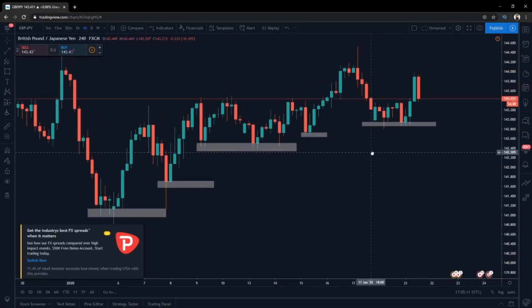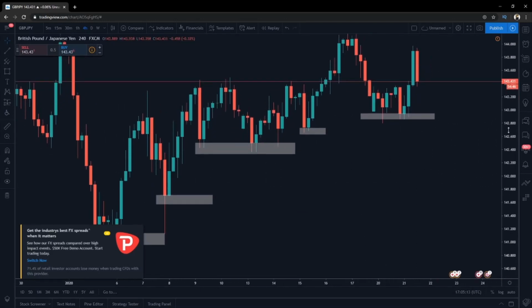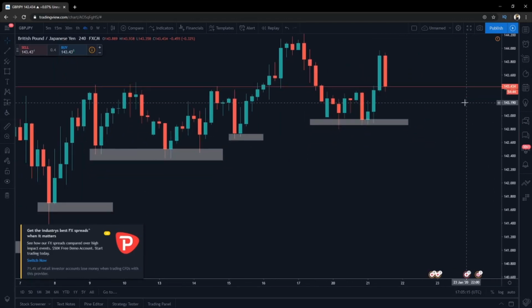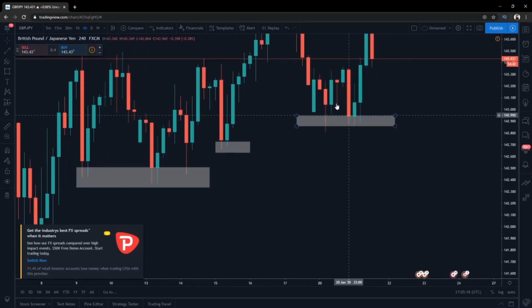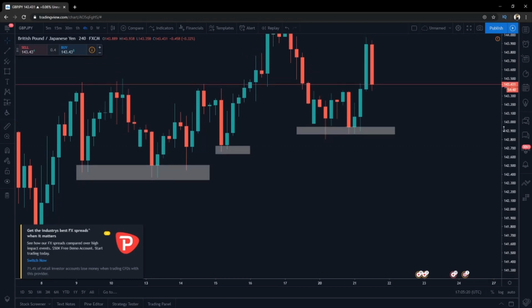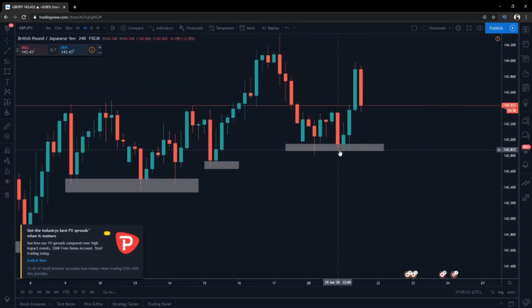We shouldn't be looking for sells really. If you were looking for sells, and this is how I do it, this is the most recent low structure level. For me to get into any sells or consider any sells, I need to wait for this structure level to break, because if we then break this level, which is the most recent low, that means we've now formed a lower low.